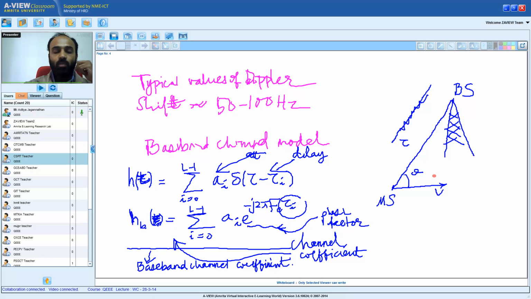Now if the mobile is moving with velocity v at an angle theta, what do you think is going to happen to this delay? I'm not looking for an exact answer, but can we have a qualitative answer? If the propagation delay is tau, the delay will vary, correct?